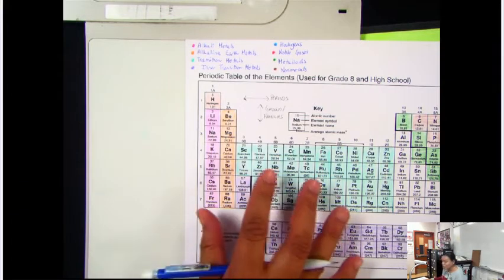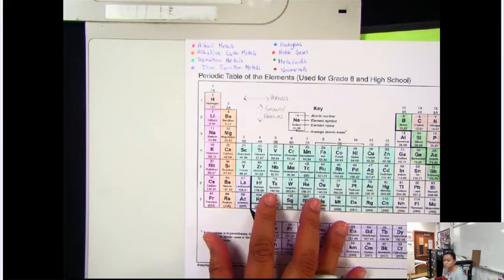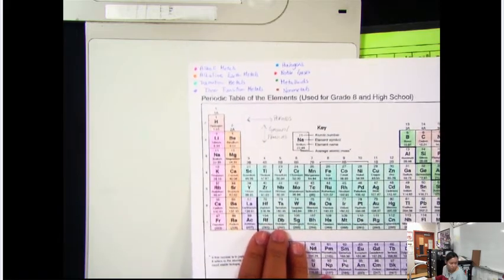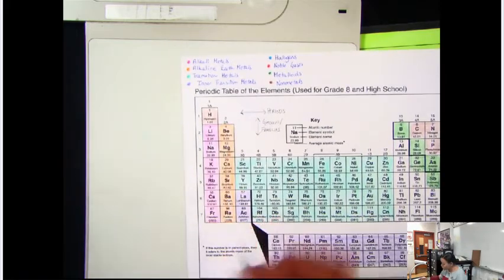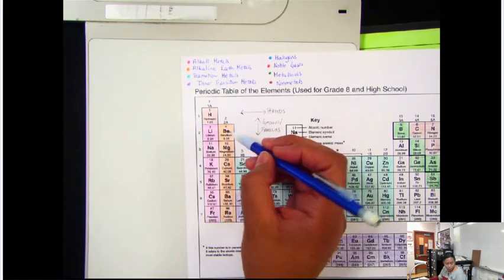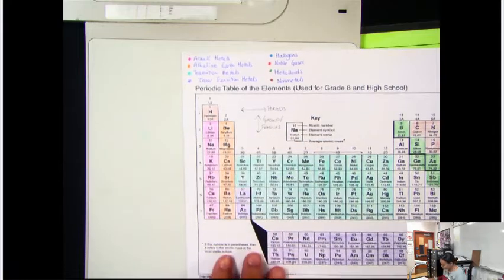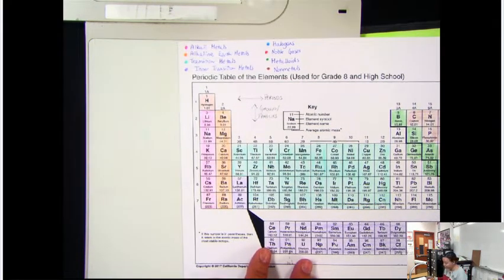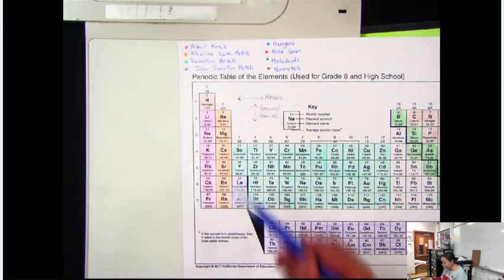All right, so those are alkali metals. This second group here, which is all of group 2, from beryllium down to radium. You notice that's a different color. That is not the same color as this.